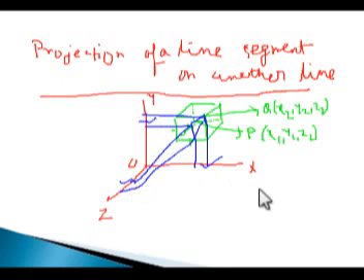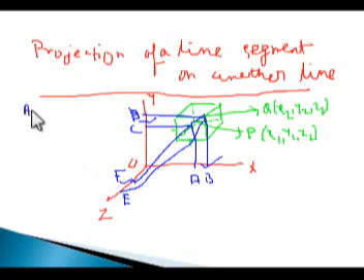I am taking the projection of PQ on the x-axis as AB, this projection as CD, and this as EF. Then these projections can be found in this way.